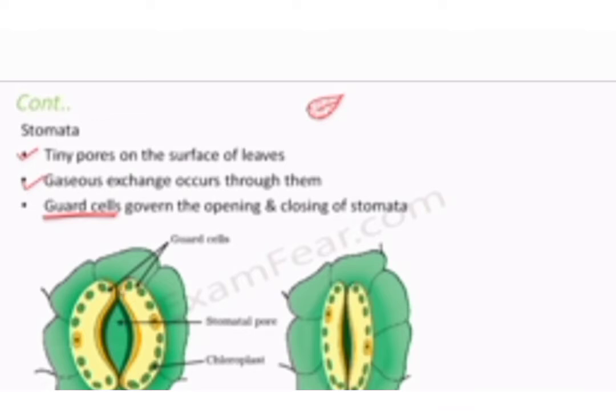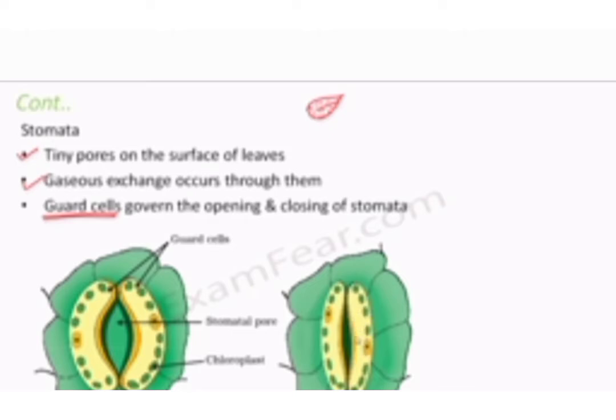When water enters inside the small pore, what happens? The guard cells swell. They actually relax. When they swell up, the opening also increases. So the pore opens. Now when water is taken out from here, what happens?